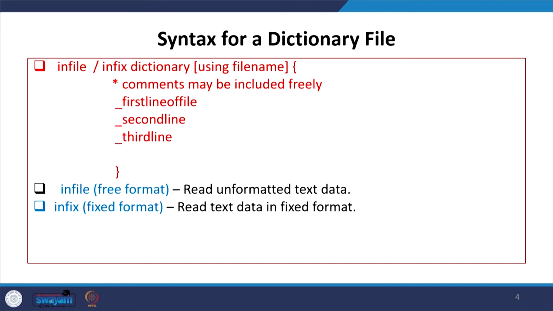I told you that if it is free format data, we have to use the infile command. But since most of our data come with fixed format entries, in that case the infix command is used. So nowadays we use the infix command.